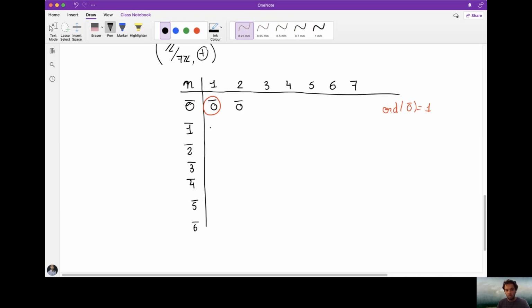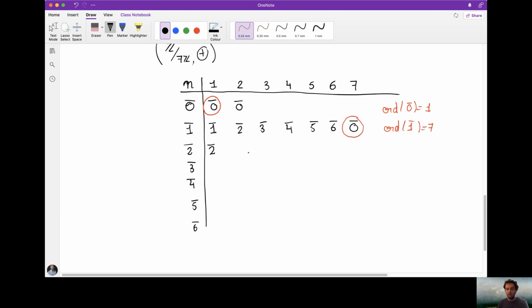If I do 1 one time, it's just 1. 1 plus 1 is 2. 1 plus 1 plus 1, so 3 times, is 3. And if we continue, this is 4, 5, 6, and 0. So the first time that the 0 appears is here. Therefore, the order of 1 is 7.